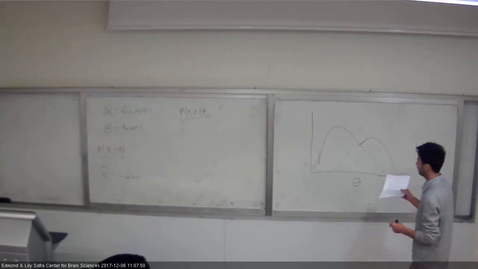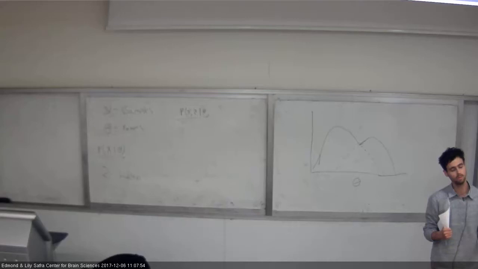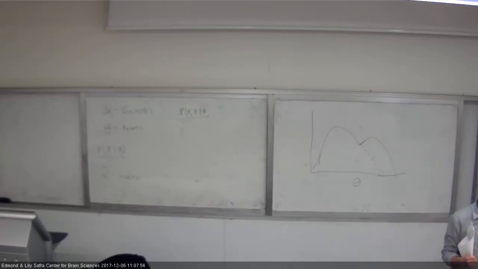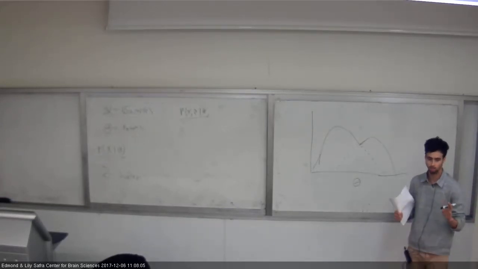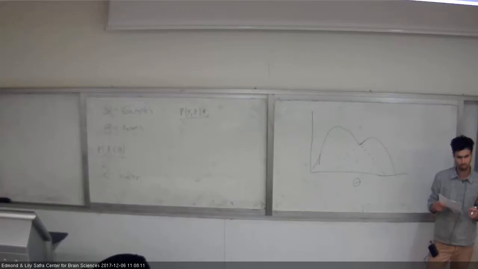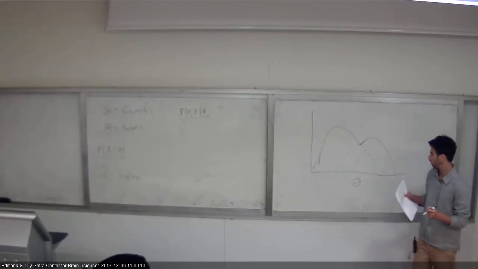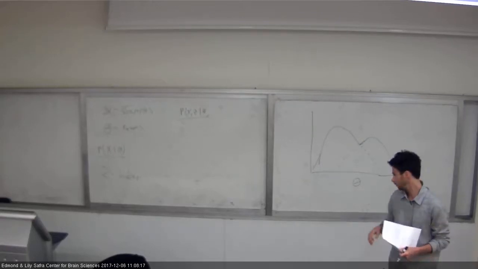So in this case, theta is the two means of the two Gaussians and the two variances. Okay, so we have 4 parameters to estimate.